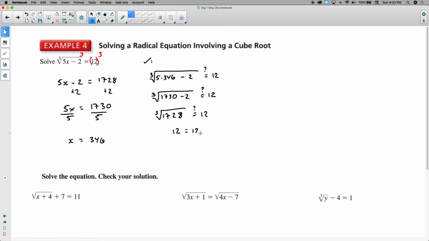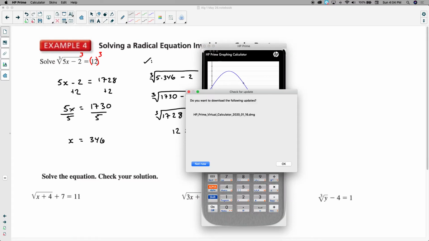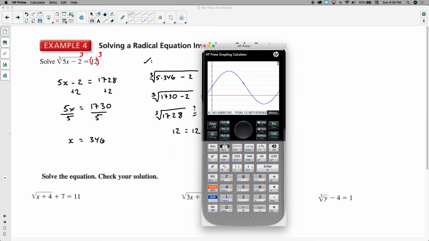Sure it does. Okay, but let's go ahead and show you on the calculator so that you feel comfortable doing that. All right, I'm just going to pull up the HP calculator and show you where to find the button to customize the index. In this case, the index is 3. Okay, so let's just go home here, and we've got the square root button here. It's attached to the x squared, and then we've got the nth root.